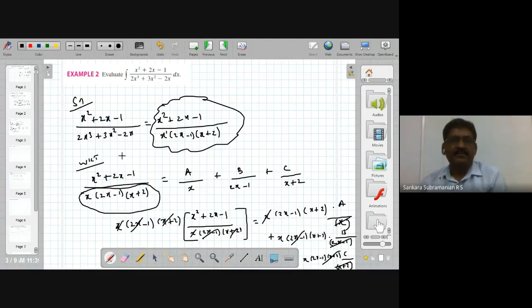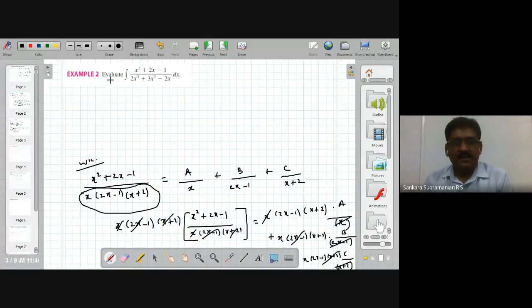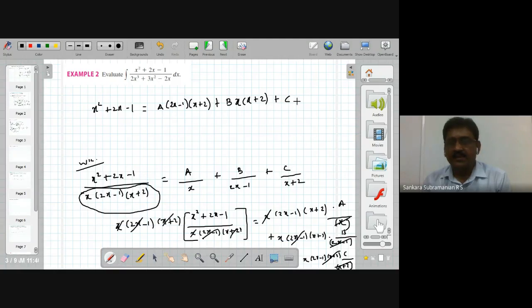Now I rewrite it. I'm just rewriting what your friend told, taking the LCM. Rewriting, x squared plus 2x minus 1 will be on the left hand side. On the right hand side you have a into 2x minus 1 into x plus 2, the first term, plus b into x into x plus 2, and the third term will be c into x into 2x minus 1.